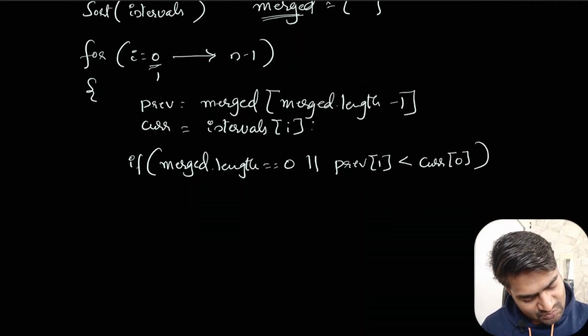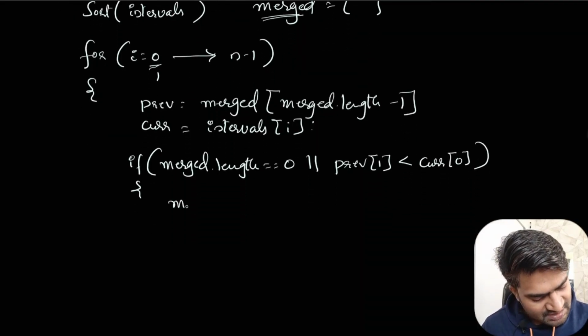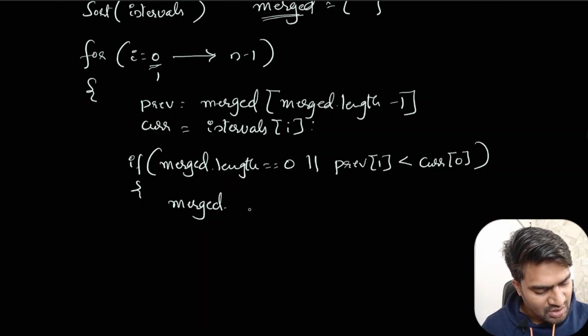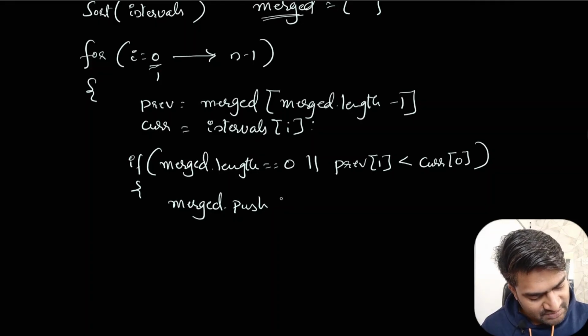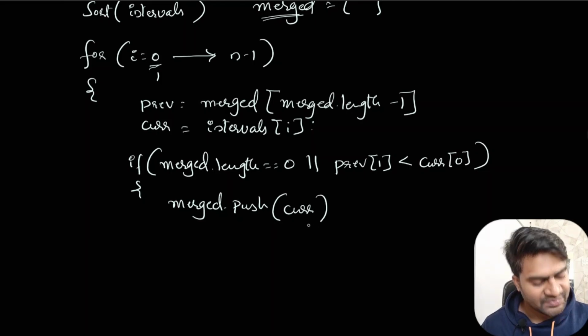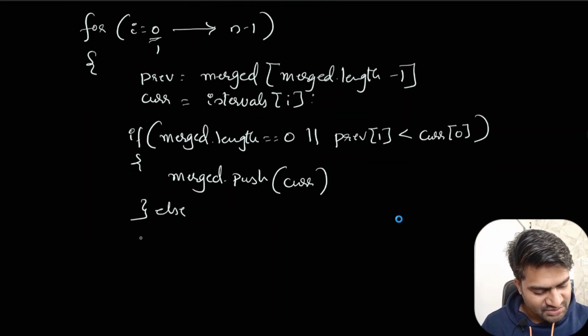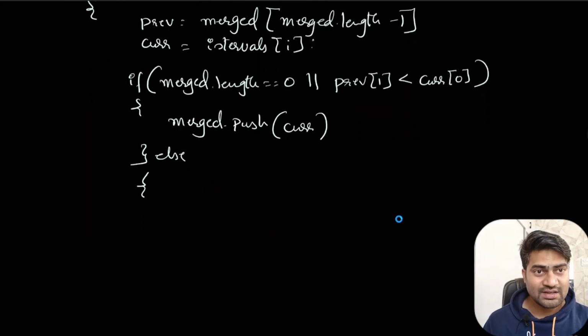So what I will do, I will simply say merged dot push or add. So basically merged is an array list, or it is an array in JavaScript. So I will push my current interval.